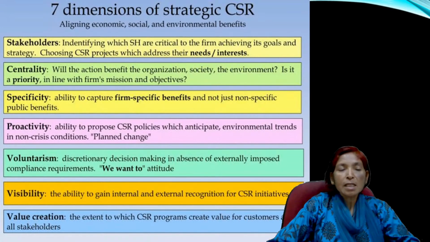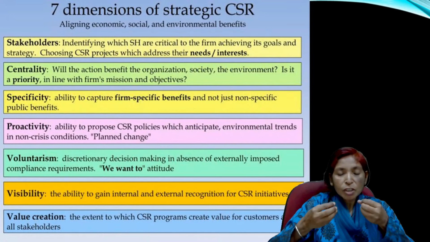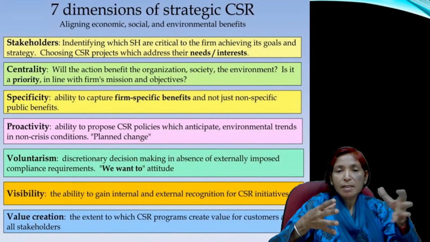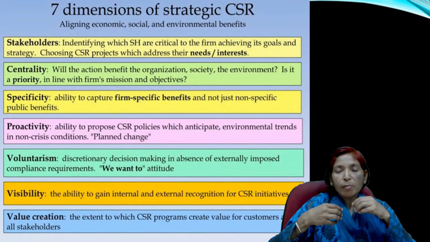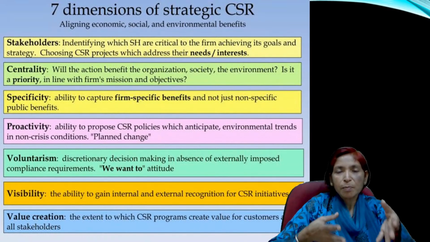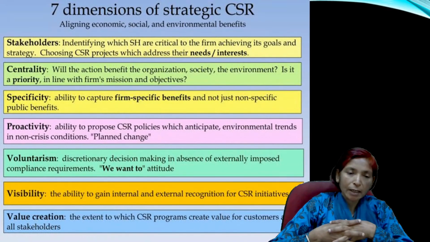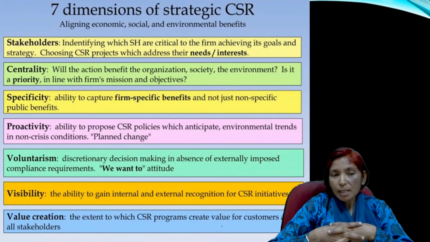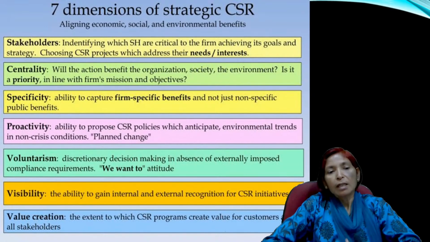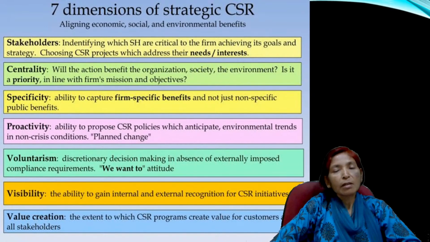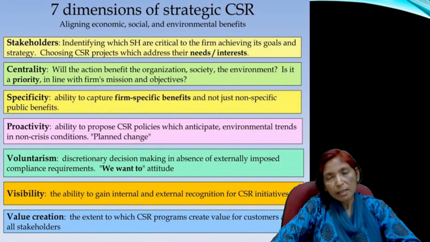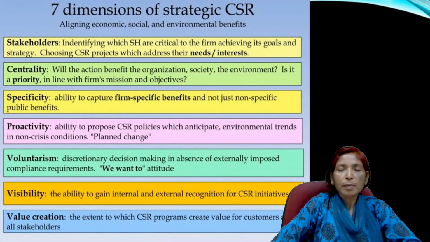So, in this way, centrality means which target you will keep at the center, and you will mainly focus on that particular objective. Next is specificity. Specificity is the ability to capture firm-specific benefits and not just non-specific public benefits.